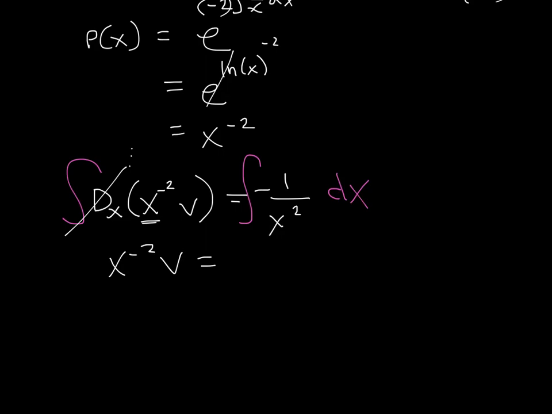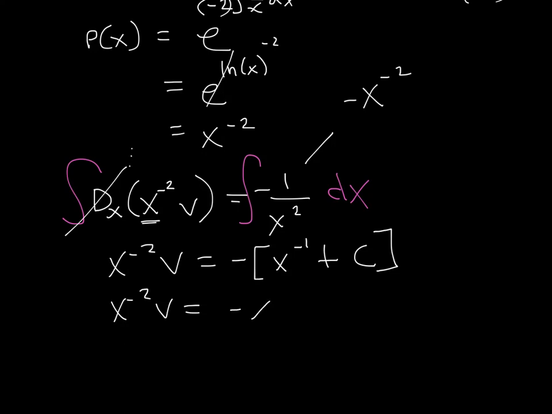And then this is really just negative x to the negative 2. So we get negative, let's see, if we add 1, we get x to the negative 1 plus our constant of integration. You can write it like this if you'd like. Actually, might as well change it to 1 over x minus c plus c. It's some arbitrary constant.